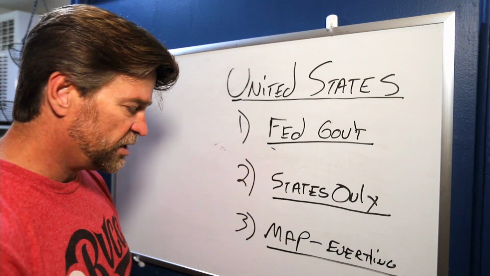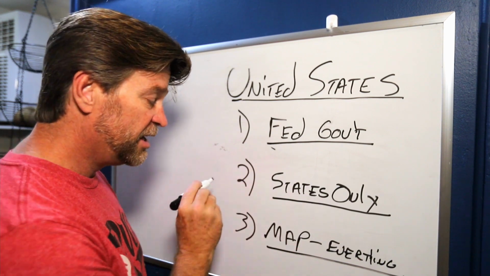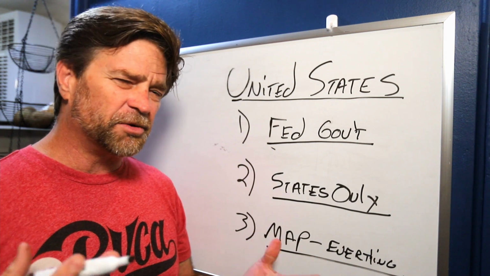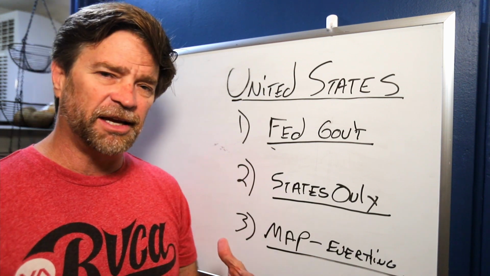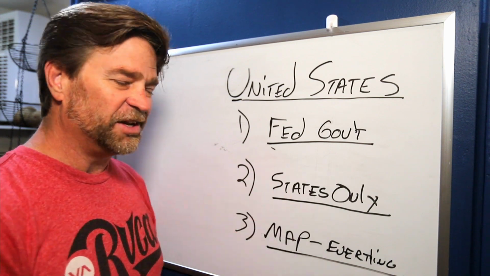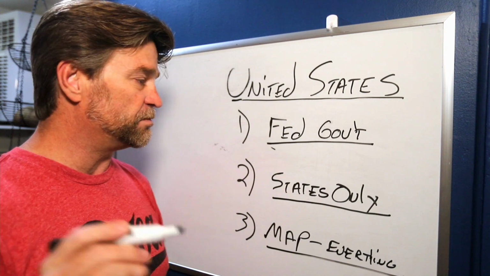Three definitions. The first one, the map, you're familiar with this, you learned this in grade school, it's everything. The second definition is the states only. Important to know, but you don't really find that in real life. You don't find that engaging with government. At least I don't find this very often, referring to just the states only. This first one, the most important one.